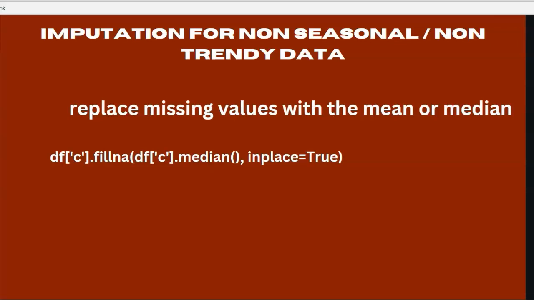So later, after having done all of this, the next thing that comes in the queue is imputation of the non-seasonal and non-trendy data. Since we have non-seasonal and non-trendy data, we have to replace them with a median or mean. Now the choice of median and mean is again dependent on whether you are using a skewed graph or a normally distributed graph. In case of a skewed graph, we will go for the median. Normal distribution will go for the mean.